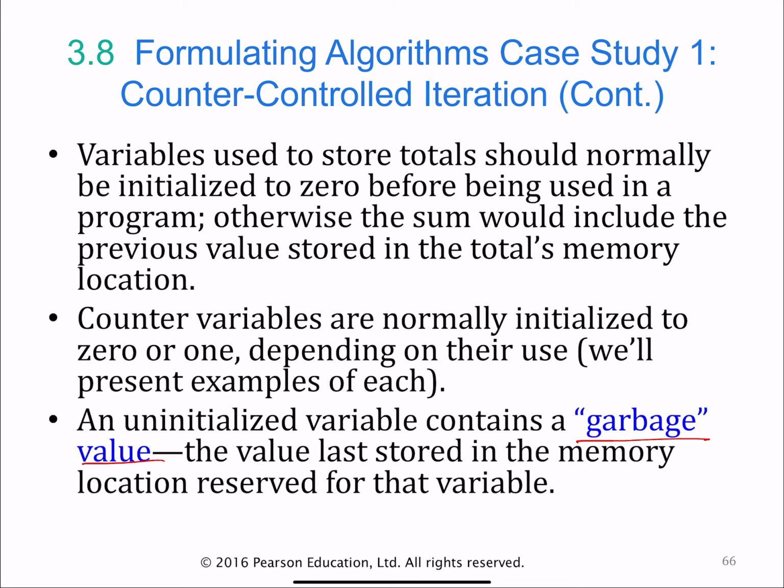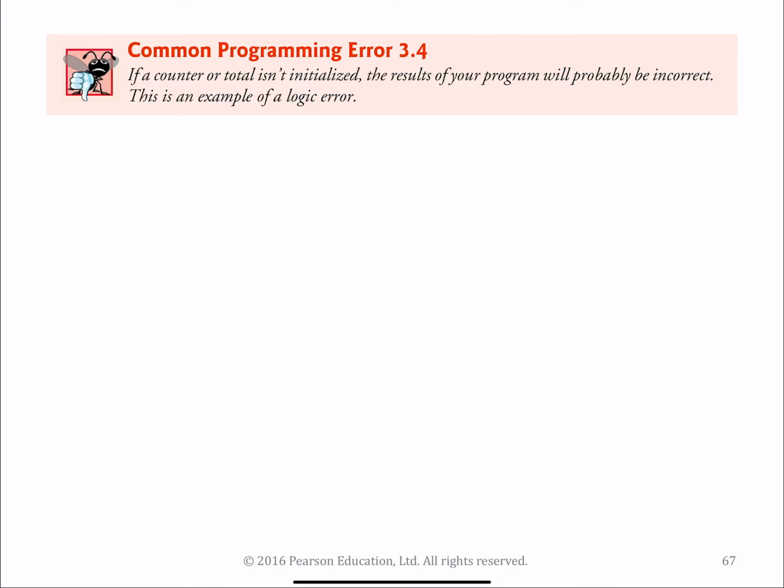It will not be initialized to, say, 0, like some other languages will do, not in C. Typically, counter variables like the integer counter that we've been using are initialized to 0 or 1. Whenever you're accumulating values like we do for total, variables like that are also initialized to 0.